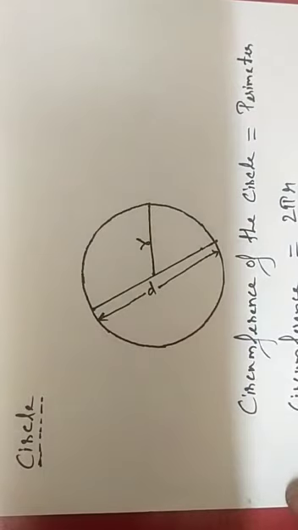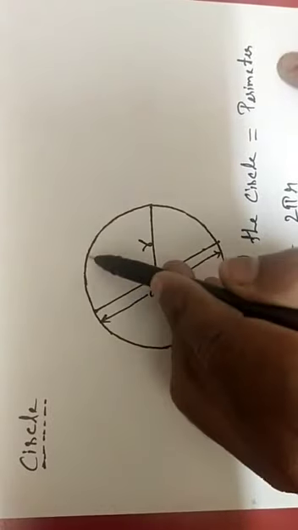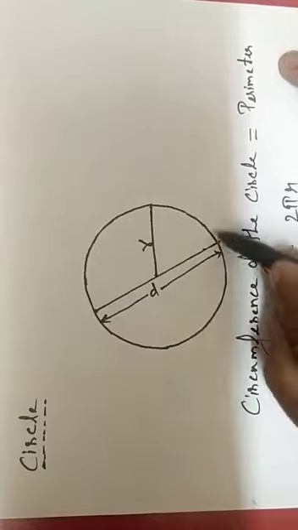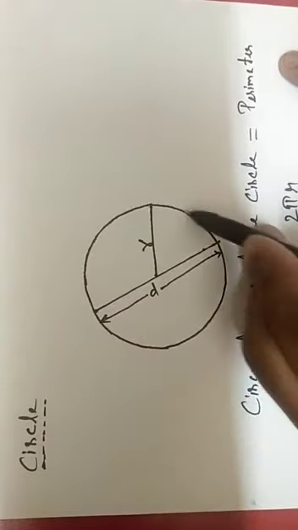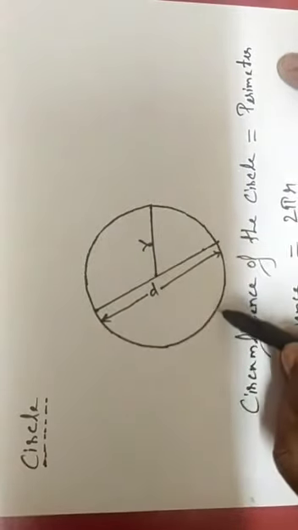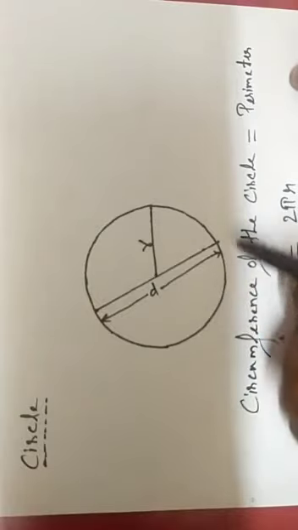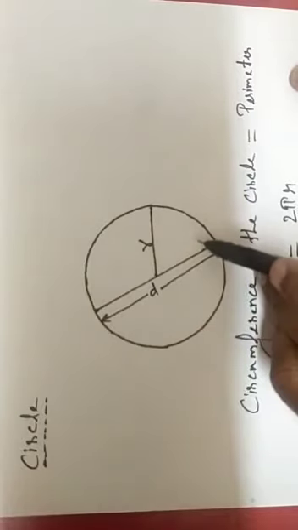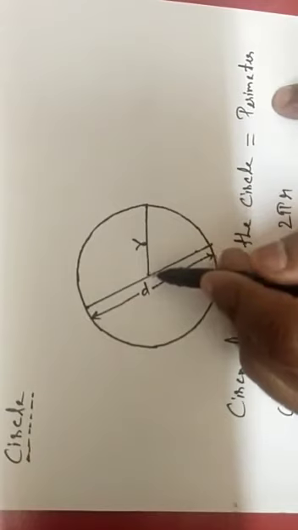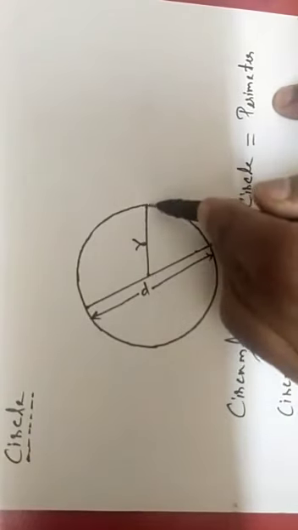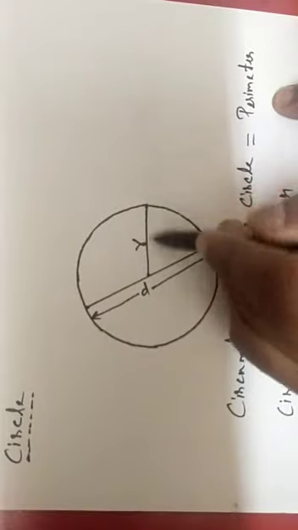Now let us try to understand about the circle and how to find the circumference. The outer boundary of the circle is known as the circumference. It can be said to be the perimeter. The circumference of the circle is its perimeter. You know very well that the line joining the center to any point on the circle is the radius.